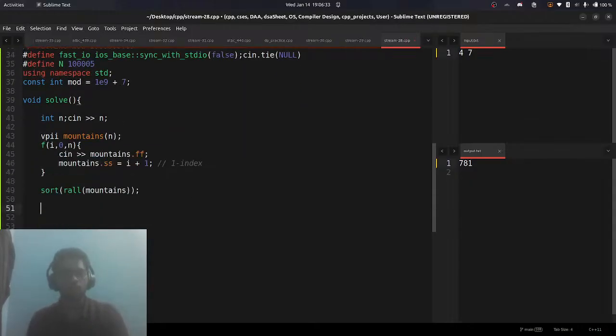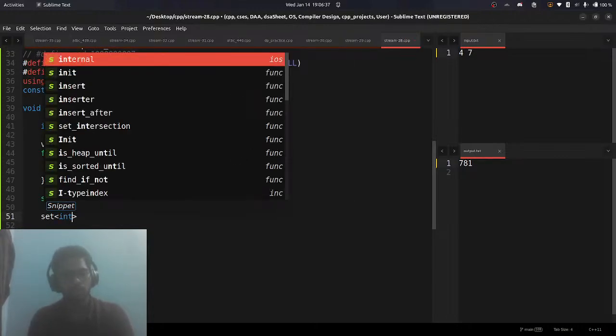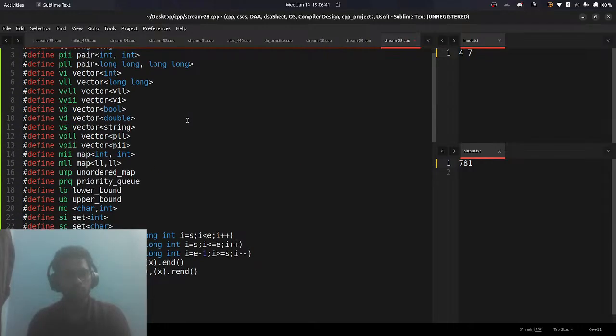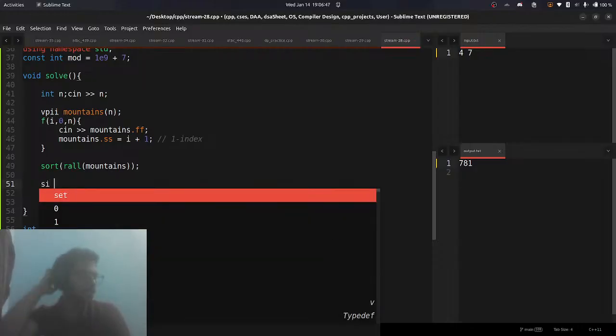It's also done. We will have a set of integer, which will basically give me the left and right, both.